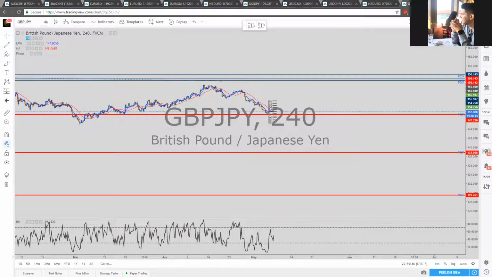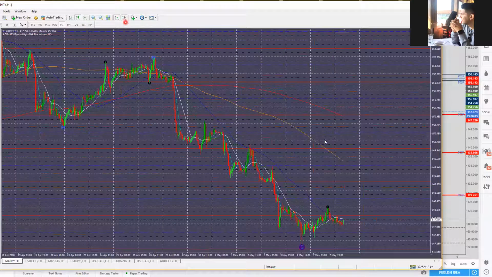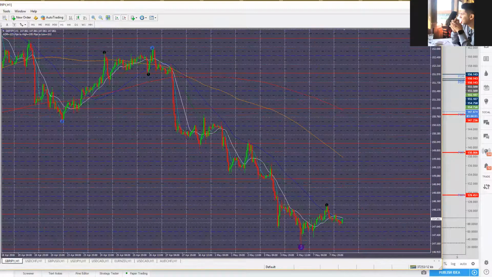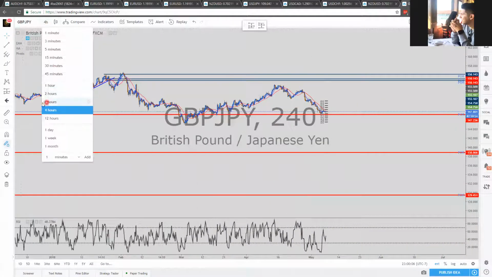This is GBP JPY. So looking on here, I can see there's a 3 being painted down here, which means it should be reversing soon.